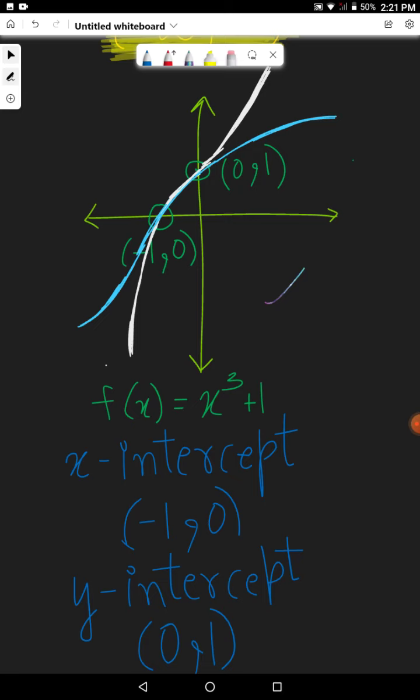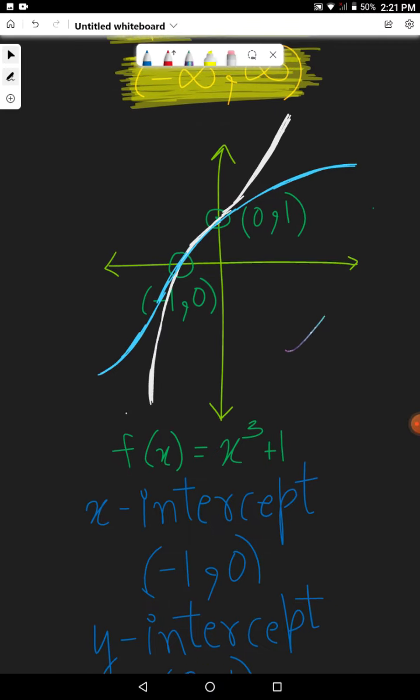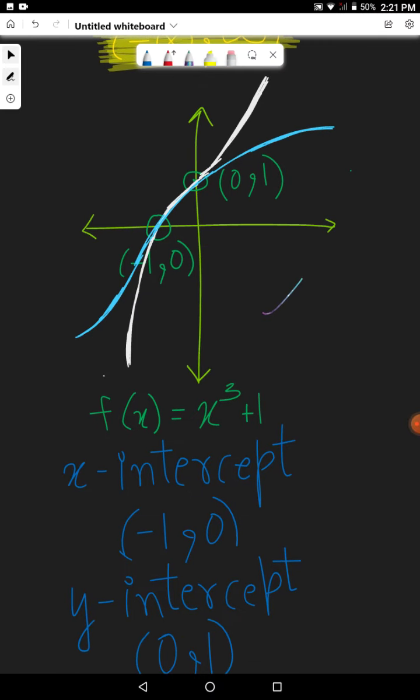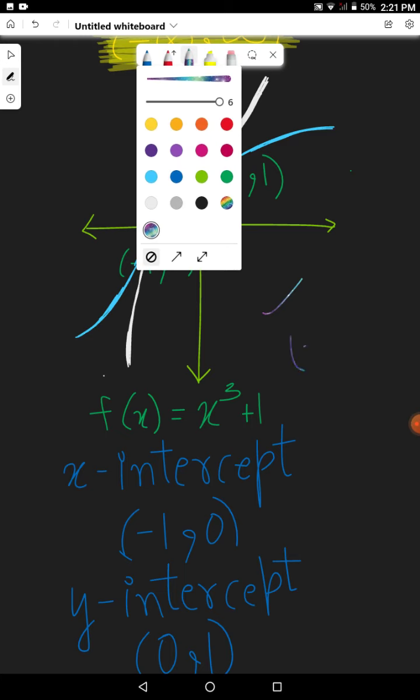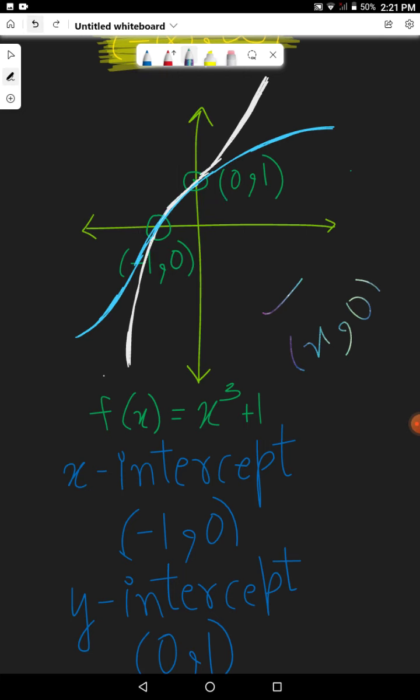So it will be of the form x comma 0, since it is passing through the x-axis. So what do you do to find the x-intercept? Just put y equals 0.